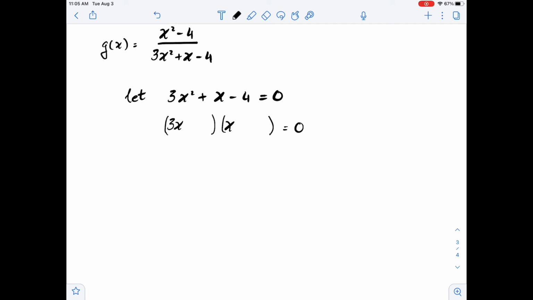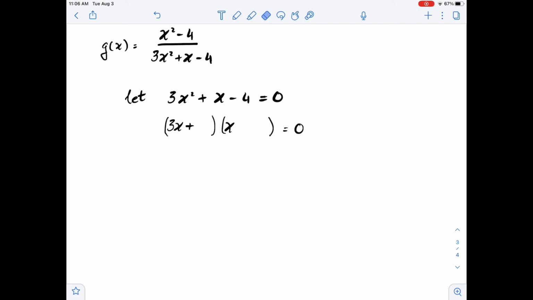So to factorize this, I have a 3x squared, so that would of course give me a 3x and an x. Note that I have a negative 4, so it's a negative in front of my constant. And so that means that I'm either going to have a plus and a minus, or a minus and a plus. Let me try plus minus.